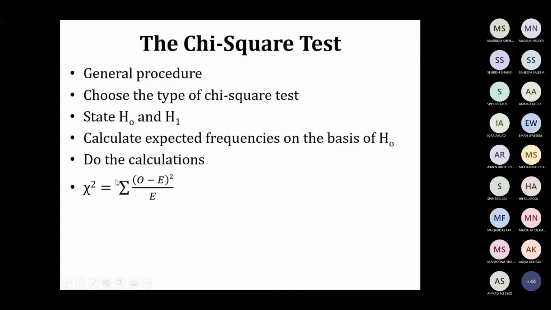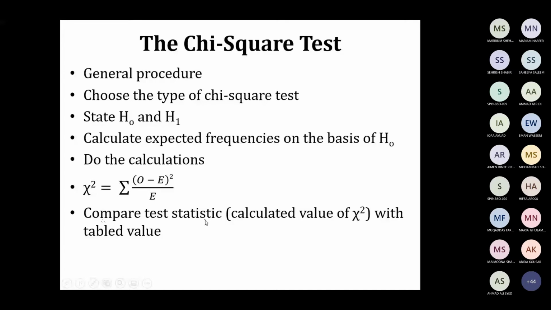And in the next step, when we have to give our conclusion, we have the test statistic, and we are going to compare this calculated value of chi-square with the table value. We can get this table value from the chi-square distribution table. On the basis of this comparison, we are going to either accept or reject the null hypothesis, and we are going to state our results.